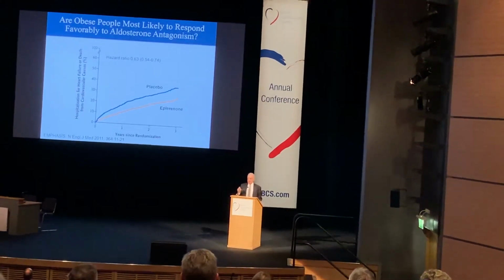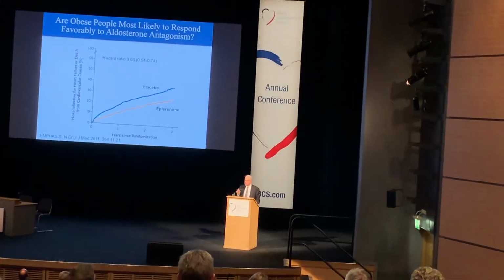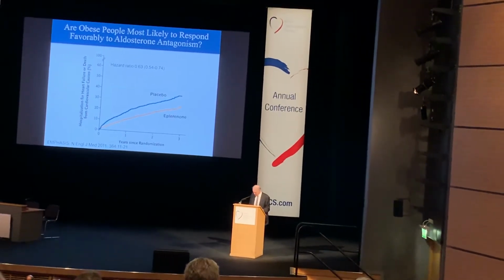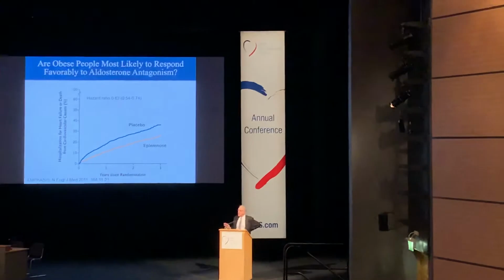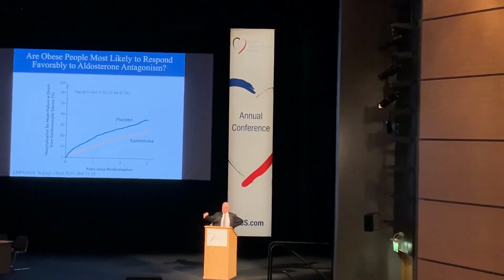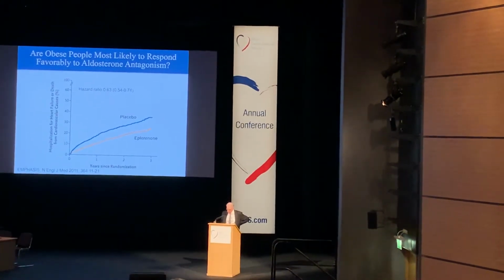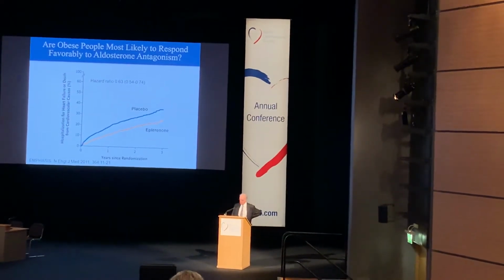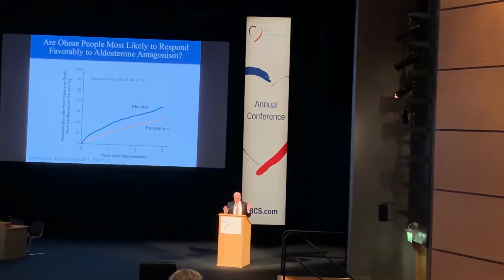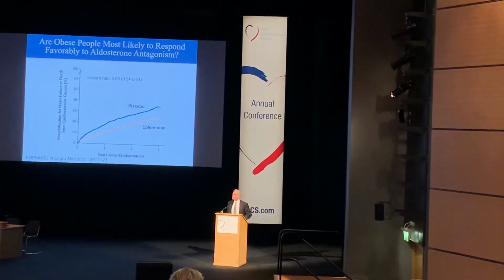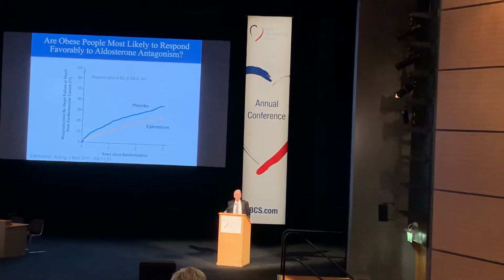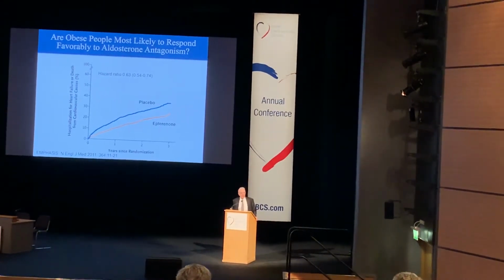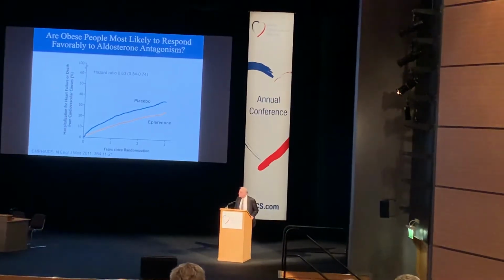Let me show you probably the most interesting data that supports this from a clinical trial. This is a trial of a mineralocorticoid receptor antagonist, eplerenone, which blocks the actions of aldosterone. This is a trial called the EMPHASIS trial. It was a trial done of eplerenone versus placebo in about 3,000 patients who had heart failure and a reduced ejection fraction.